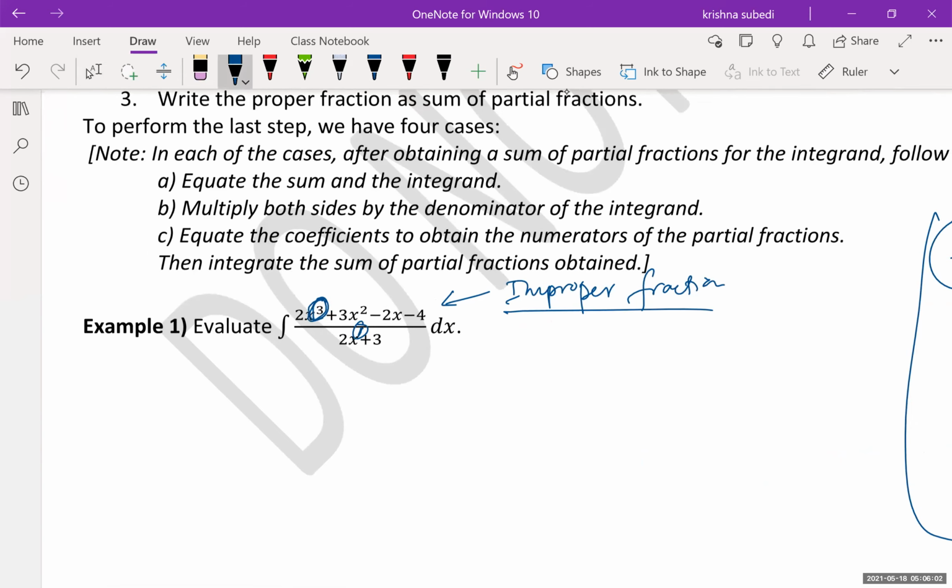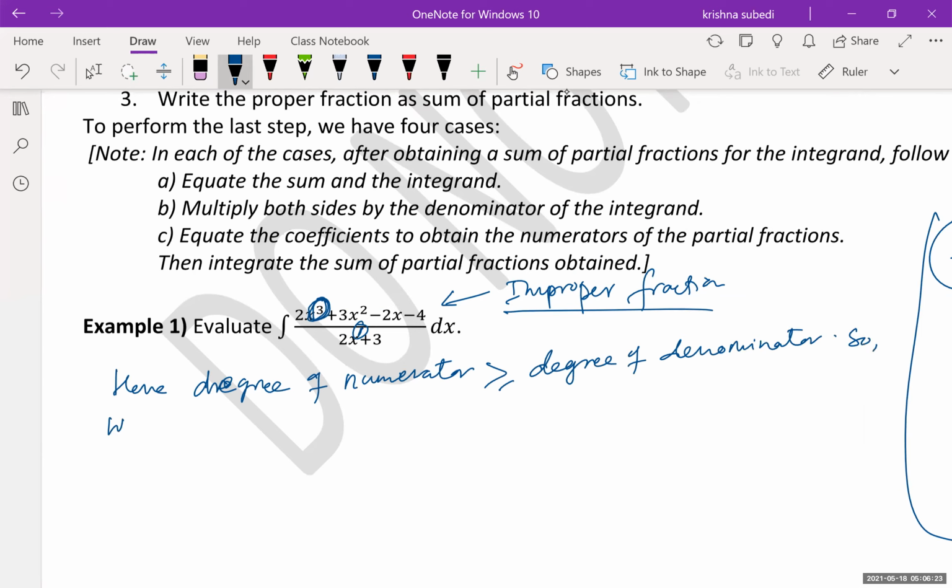When the degree of the numerator is greater than the degree of the denominator, we carry out the long division. Recall from your high school.